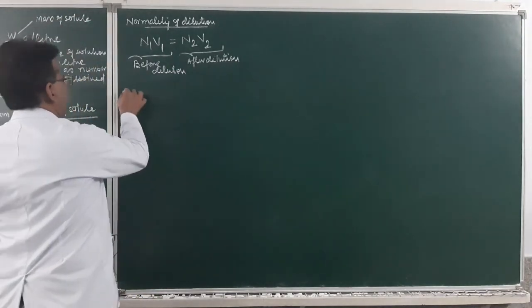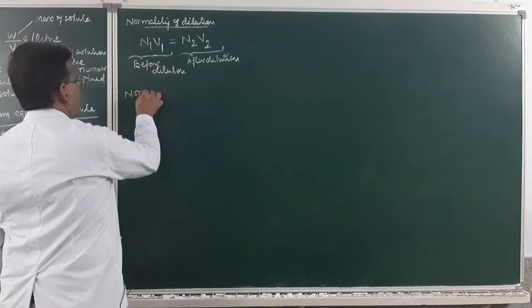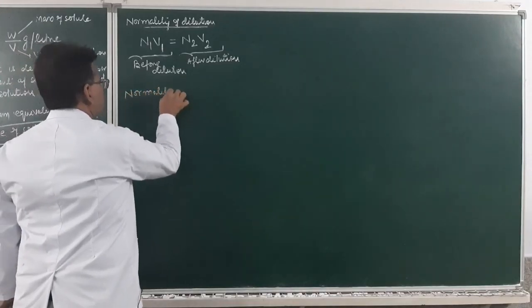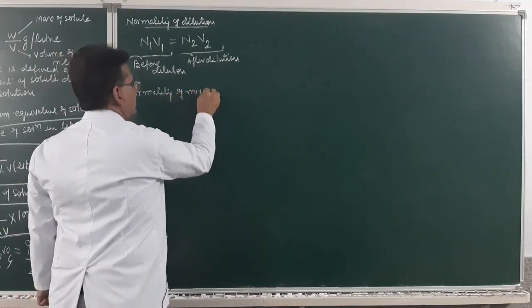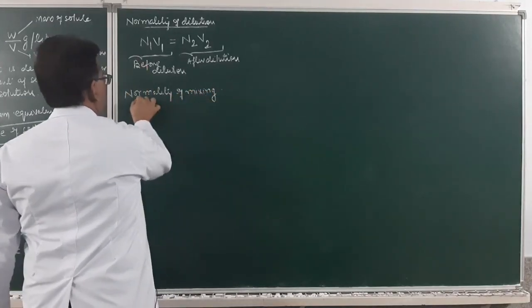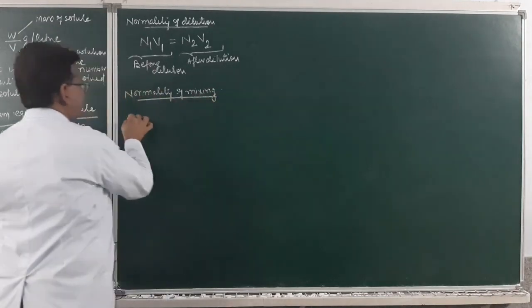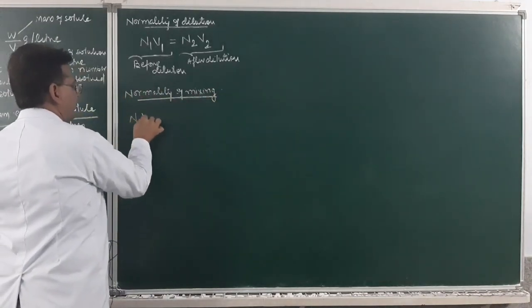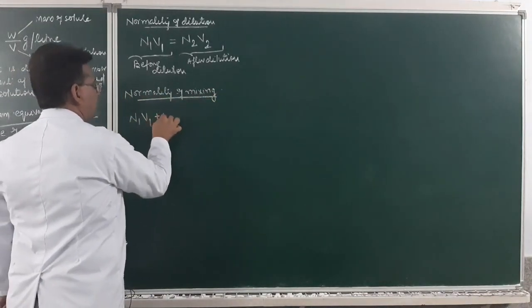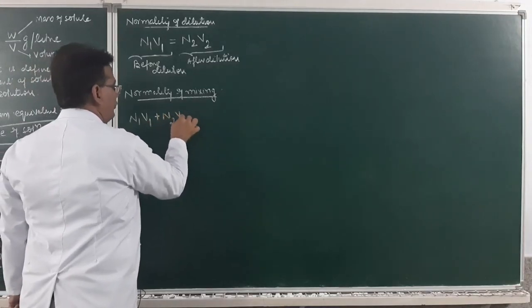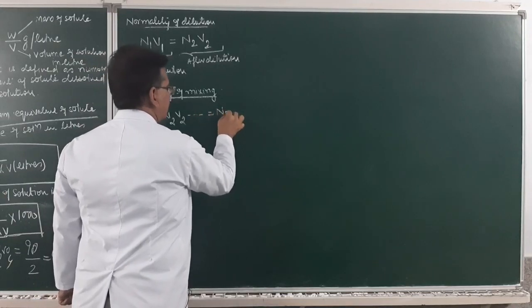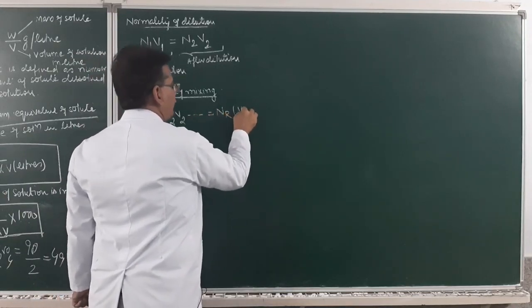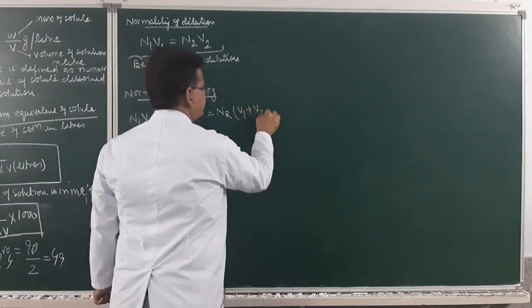Then normality of mixing. The formula to calculate the normality of mixing will be N1V1 plus N2V2, and this will be equal to NR into V1 plus V2.